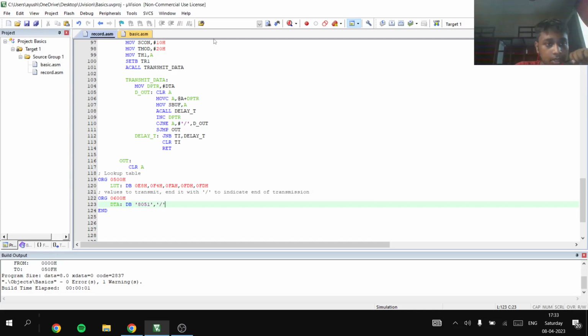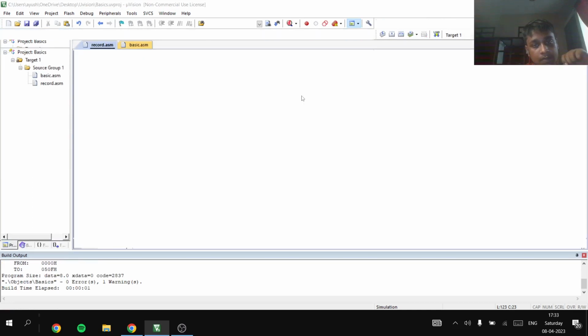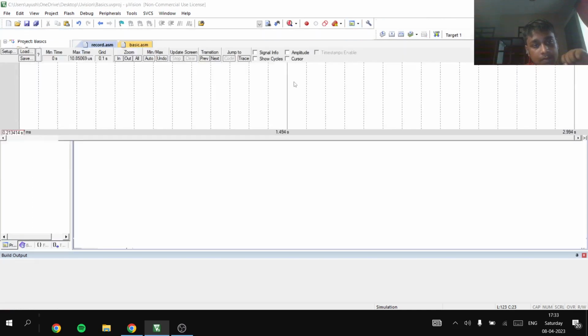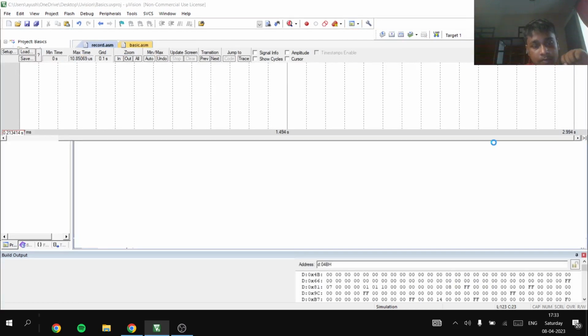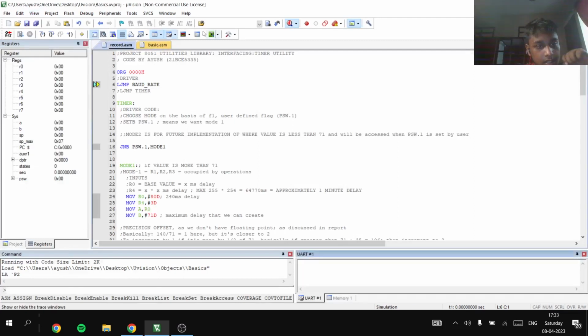So if I go ahead and save this and run this, we don't need this window anymore. Mainly we need the UART, right? There we go.